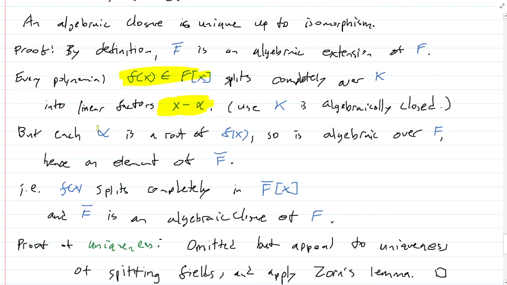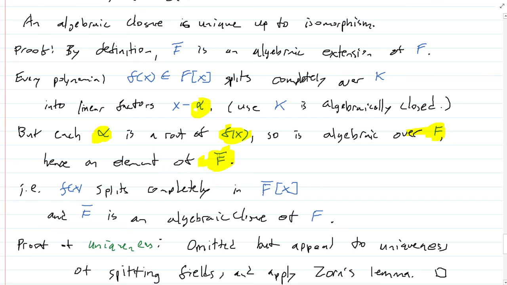Now we want to show that each alpha is actually an element of F bar. Alpha is a root of f of x, so alpha is algebraic over F, and hence an element of F bar.